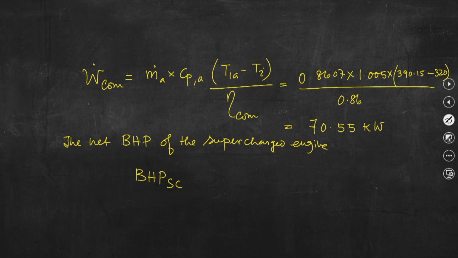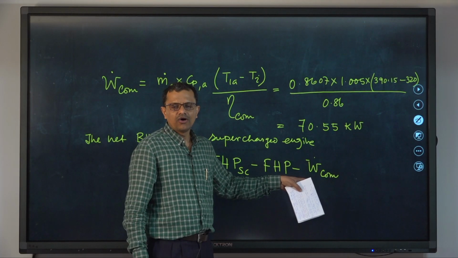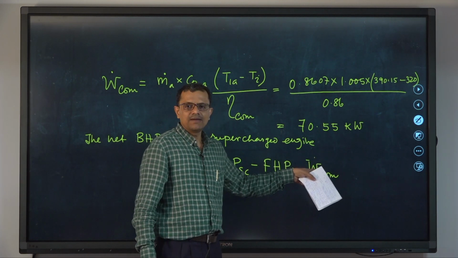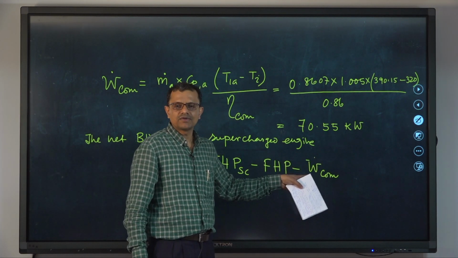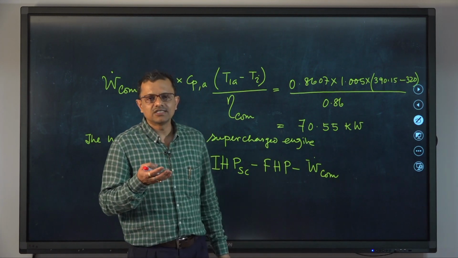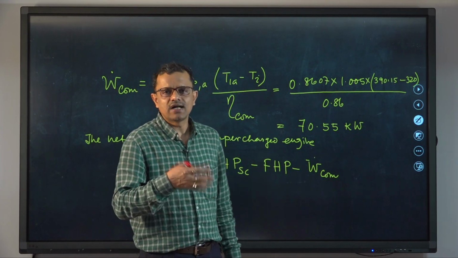That is BHP SC equal to IHP SC minus FHP minus W dot compressor, because for a supercharger this is the amount of energy borrowed from the output shaft of the engine to run the compressor, whereas for the turbocharger we have no need to borrow energy from the output shaft; rather, kinetic energy of the exhaust gases is used to run a turbine.